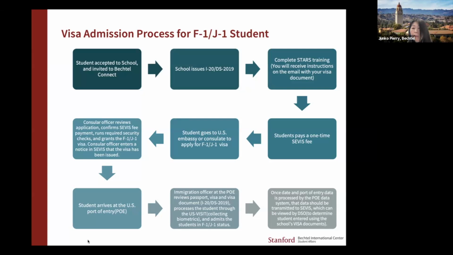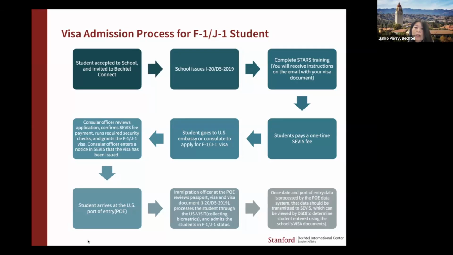Bechtel Connect is the online portal that students can use to apply for visa documents. If you're going to be coming here as an F1 student, then you're going to be applying for a document called I-20. If you're going to be coming here as a J1 student, then you're going to be applying for visa documents called DS 2019.